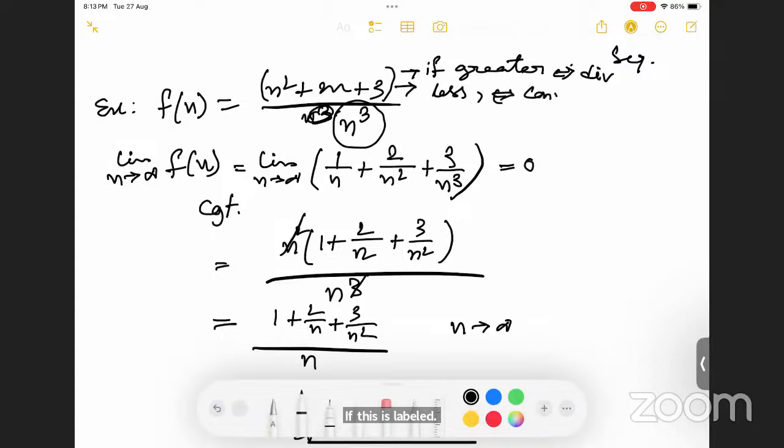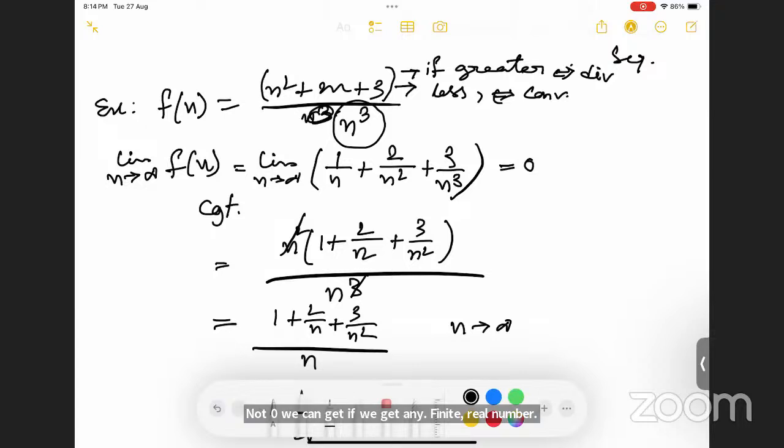Okay. Ma'am, I have a doubt. Actually, for convergence, limit n to infinity, when we get 0, then it's convergent, ma'am. Not only 0. If we get any finite real number, then we can say it is convergent.